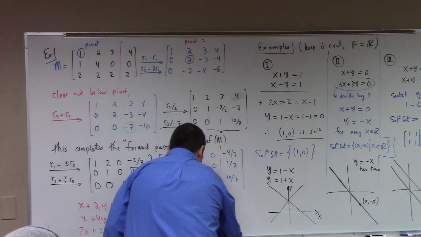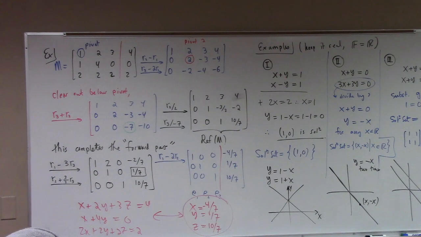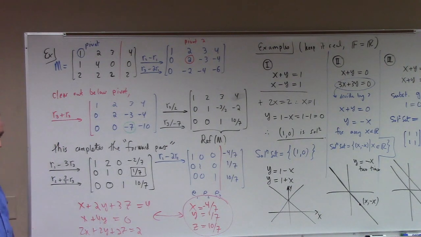I don't know about you, but I much prefer to solve the system on the right. Someone tells you, solve this system of equations, you should be like, sure, I can do that. This, on the other hand, thinking.